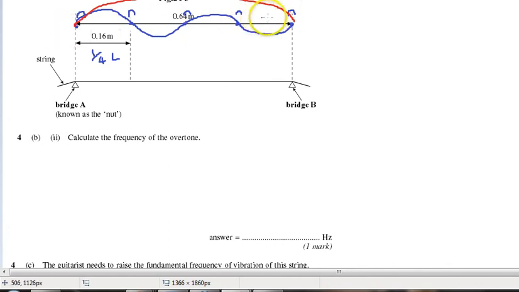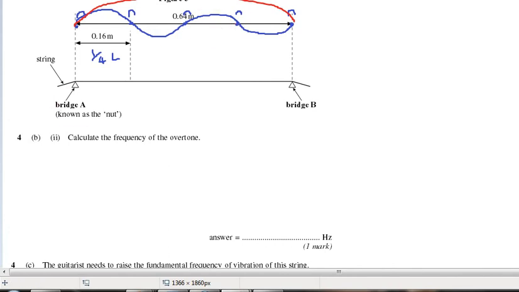And that was my one wave, or rather half wave, that I could fit on that length of string. Now I have 4 half wavelengths that I've been able to fit on. I've managed to get 4 times as much wave onto that string, and so I know in order to get 4 times as many waves in, or effectively a quarter of the wavelength, that means I must have increased the frequency by a factor of 4.